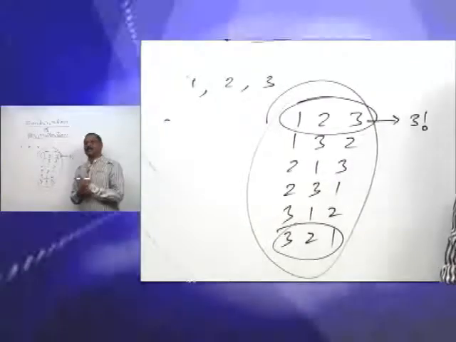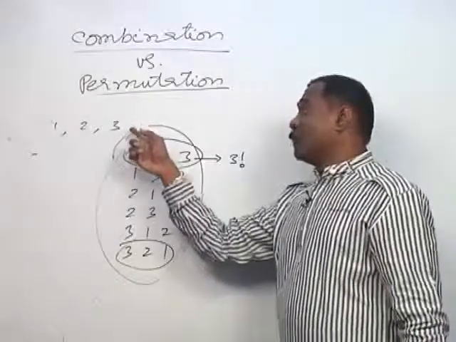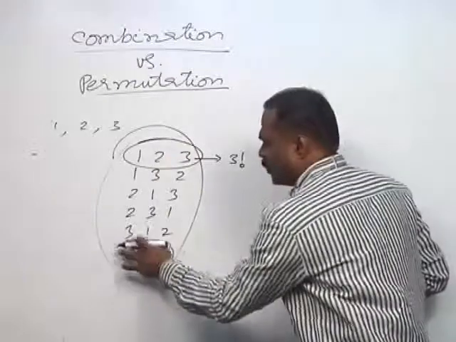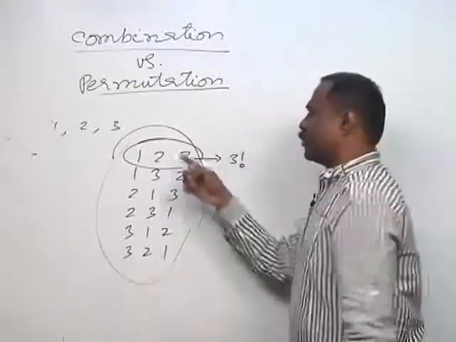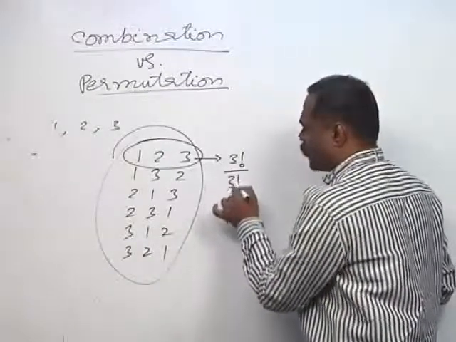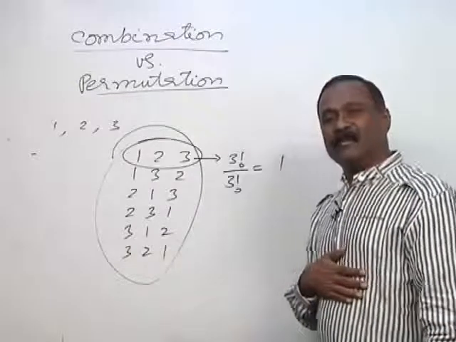What is the difference between a permutation and a combination? Here, if they are ascending order of magnitude or descending order of magnitude, what is happening? This will not be 6. Let us suppose ascending order of magnitude. This will not be 6, but it is only 1. That means this 3 factorial has become 3 factorial upon 3 factorial, which is 1. So what is happening here?